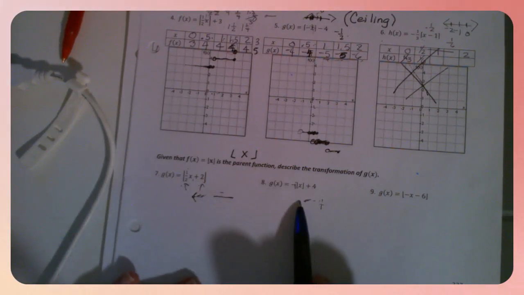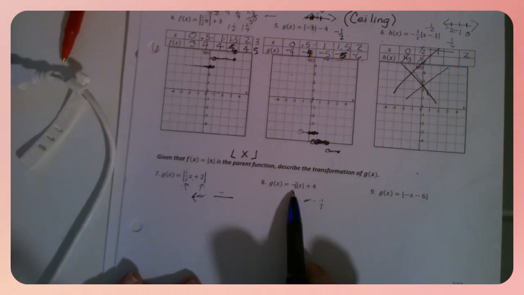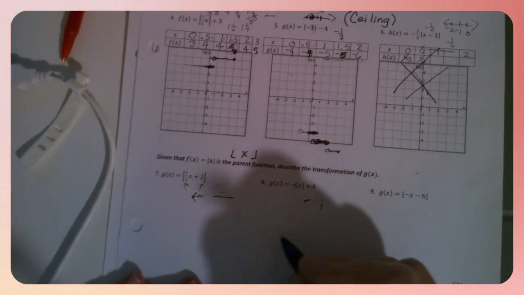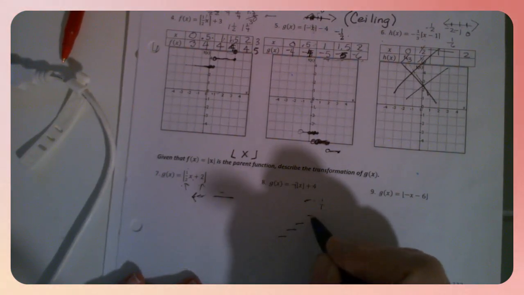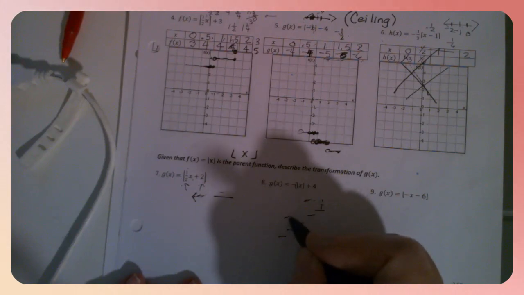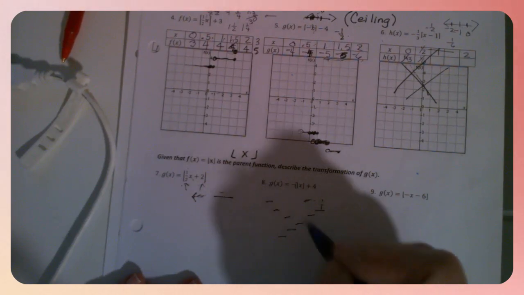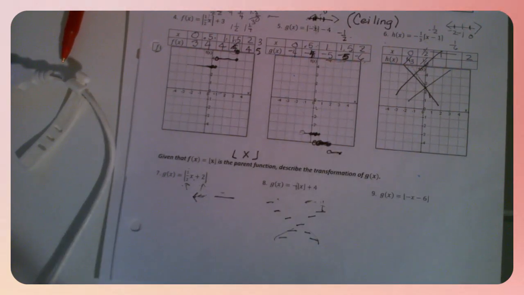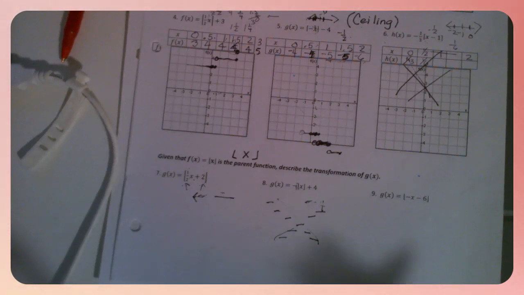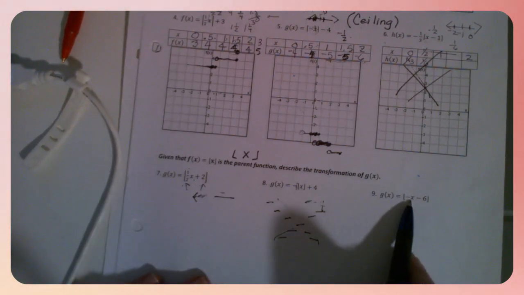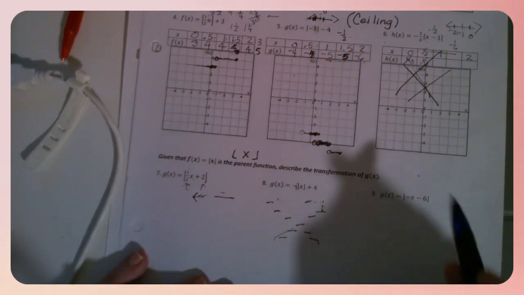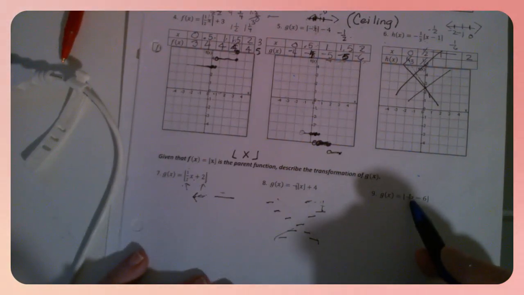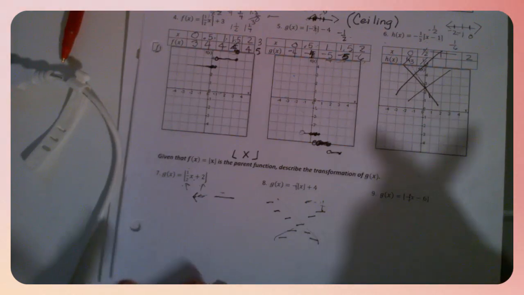Well, this negative is actually going to flip everything around. So if your graph looks like this, it's going to flip it like this. It's going to be a reflection. It's going to kind of make an X. I'll show you that in Desmos in just a minute. And then this last one, the -x is -1. So let's just look at these in Desmos.